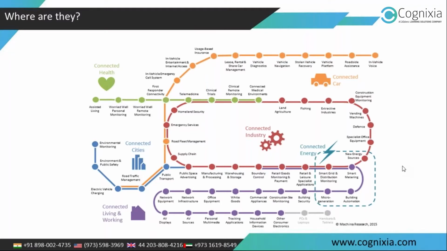So we have two leading Industrial Internet of Things standards. One is from the government of Germany and a group of manufacturers from there. This initiative is called Industry 4.0, and this is one of the guidelines for the industries to adopt IoT in the right manner.